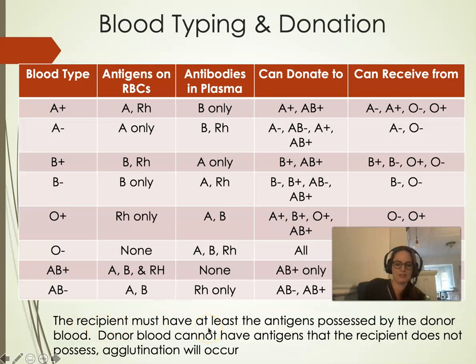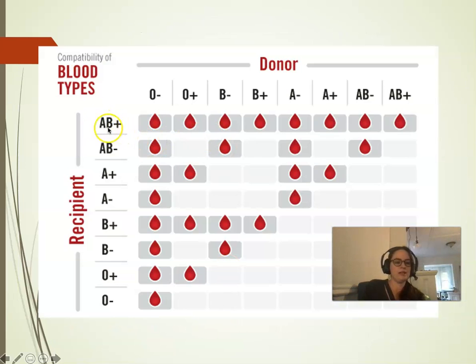Recipient must have at least the antigens possessed by the donor, right? So if you have AB, you need at least A, right? I'm still saying that weird. It's okay to have less than, you can't have more than. That's probably the best way to say that.